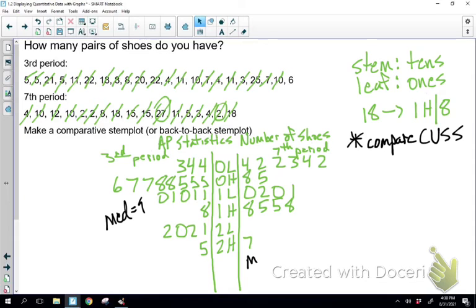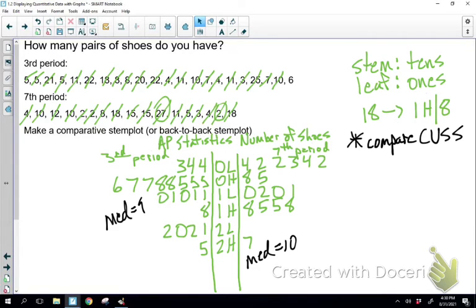And over here, a little easier to do, 17 values, so it is the 9th value. So it looks like it's 10. We have a whole lesson on median coming up, so we'll practice that when we get there.